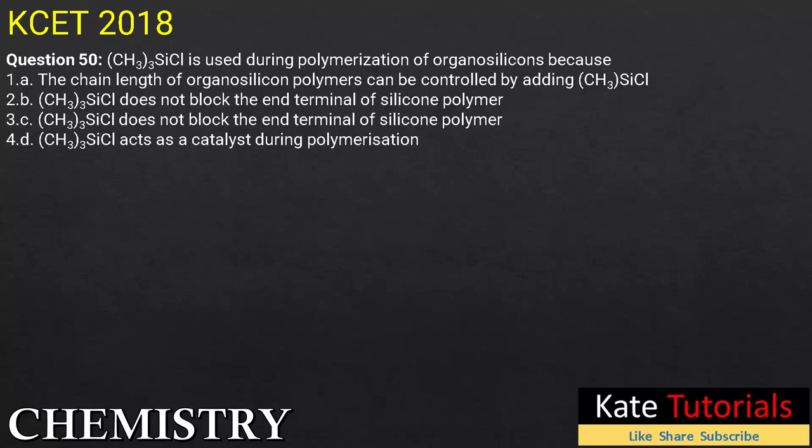This is from the class 11th p-block elements. The last question of this video, one of the interesting questions. CH3 thrice SiCl is used during the polymerization of organosilicones, because organosilicones means silicon will be there. Here one methyl group, CH3, and here also a CH3 group will be there, here OH and here OH.